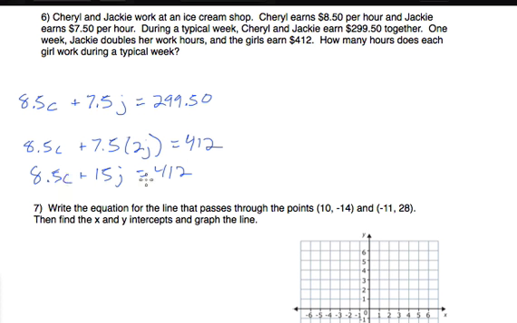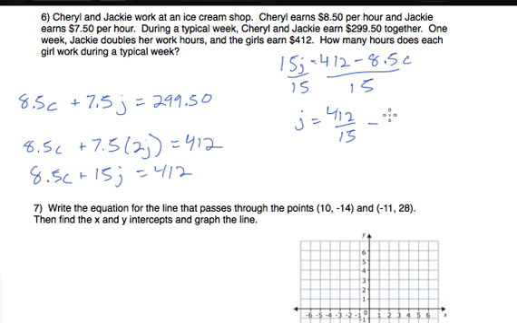I'm going to solve for J, so I'm going to subtract 8.5C from both sides, so I'm left with 15J equals 412 minus 8.5C, and then divide both sides by 15, and I get J equals, I am not going to simplify yet.